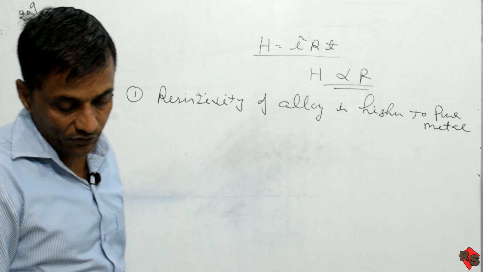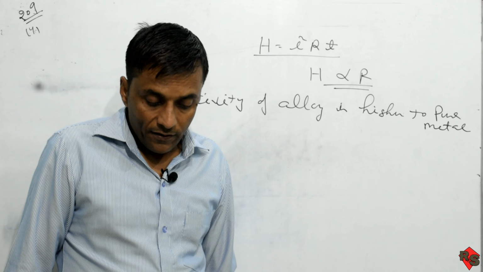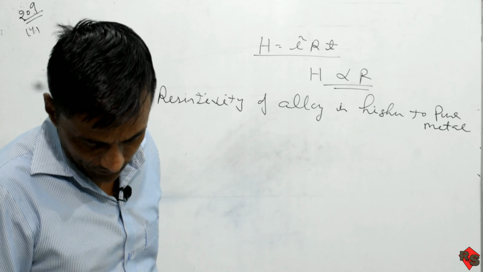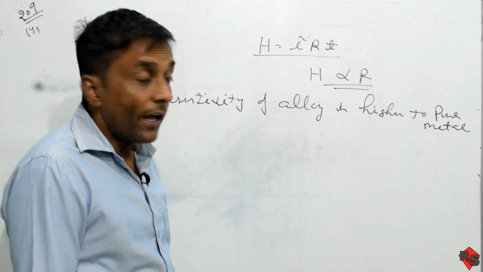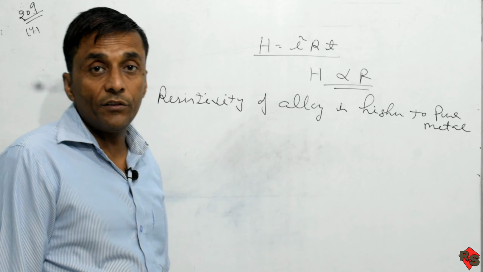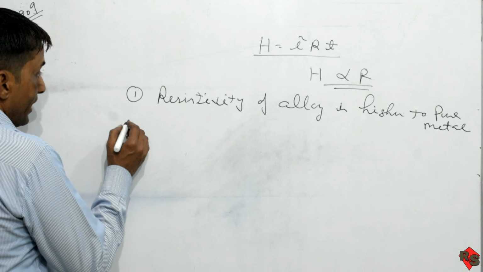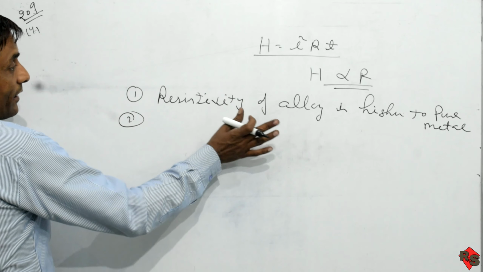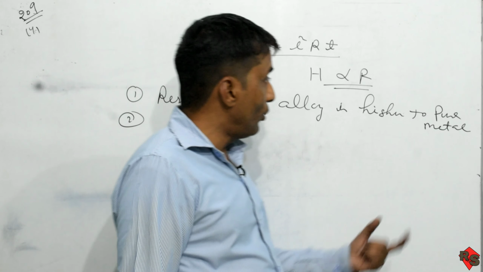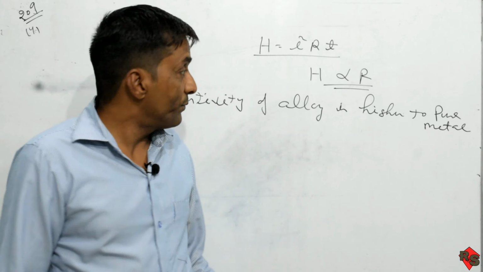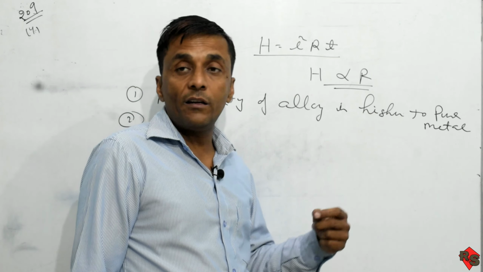And second, we can say an alloy has a high melting point. Pure metal has a lower melting point; if the heat increases, it will melt.